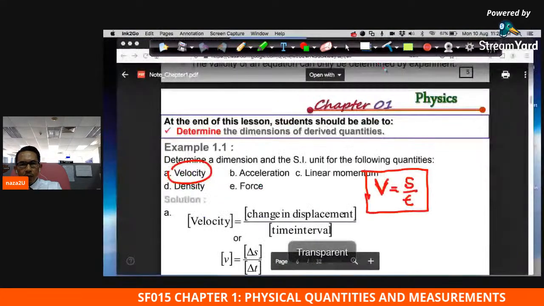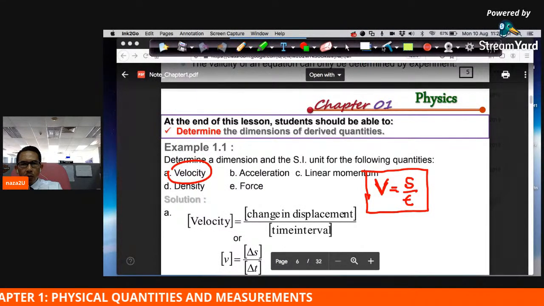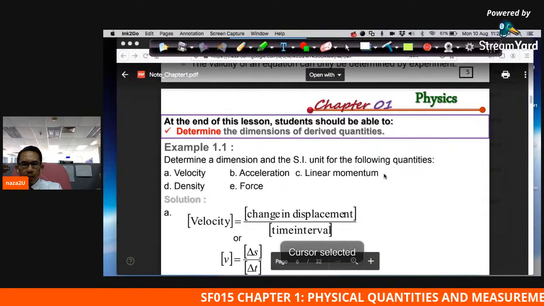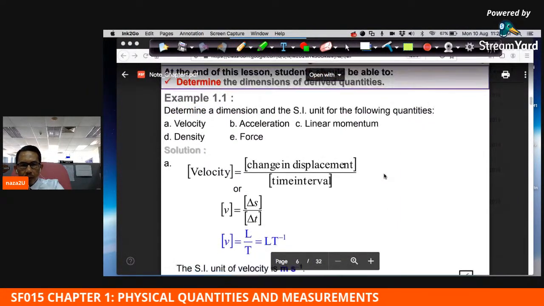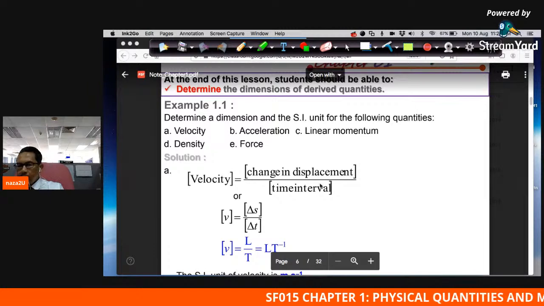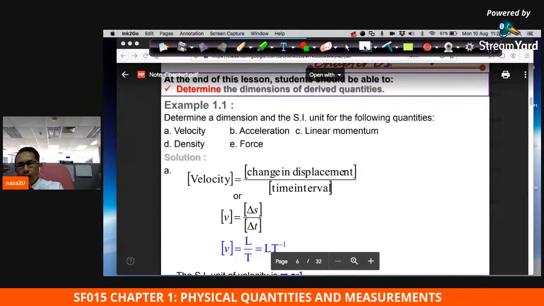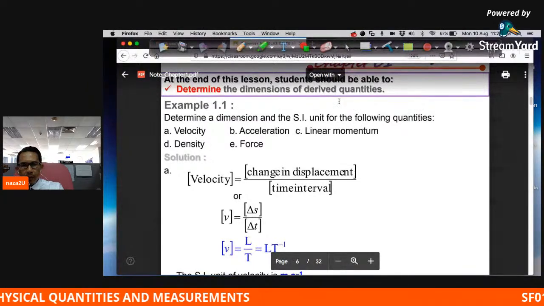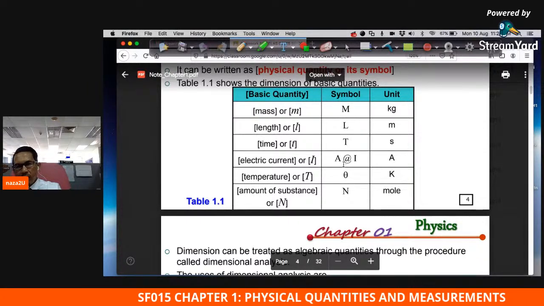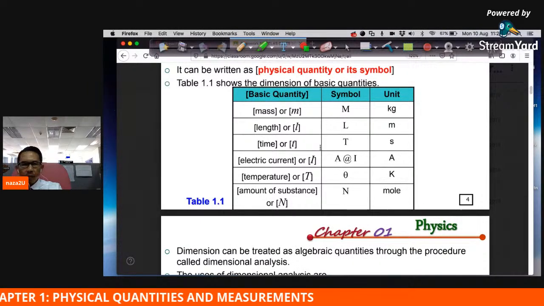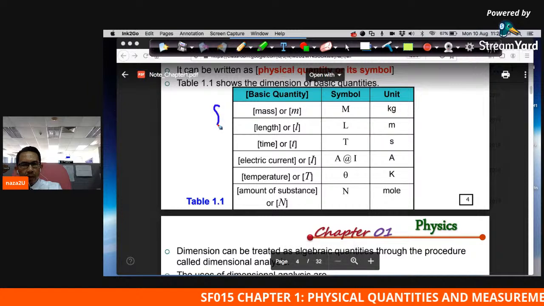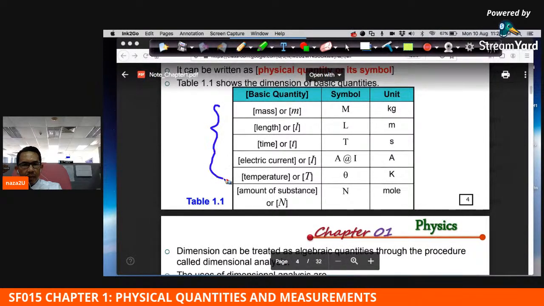Okay, continue. If you look at the lecture note here, we have an example. Ada student tanya about luminosity. Actually yang saya nak bincang kat sini, yang basic quantity yang biasa kita pakai adalah mass, length, time, electric current and temperature.